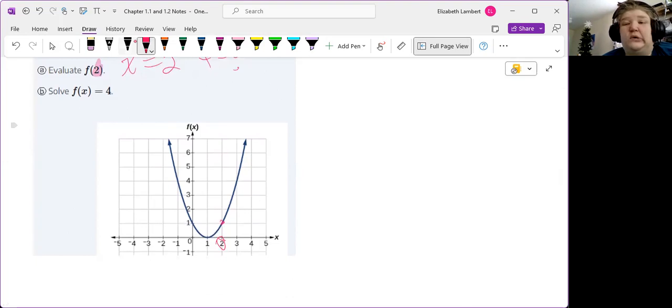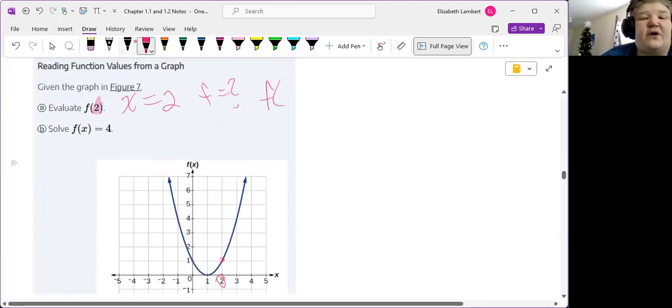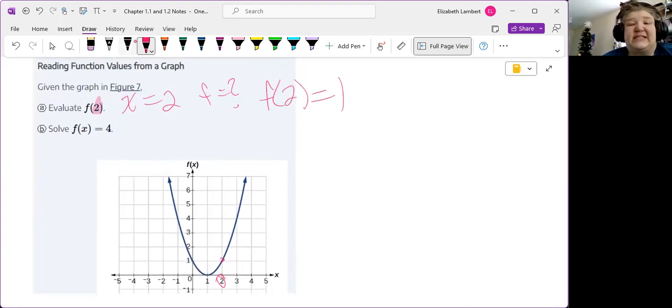My function value is 1. So we would say f of 2 equals 1. And that's the same thing as saying the ordered pair 2, 1 is on the graph. Those are equivalent to each other. Same.